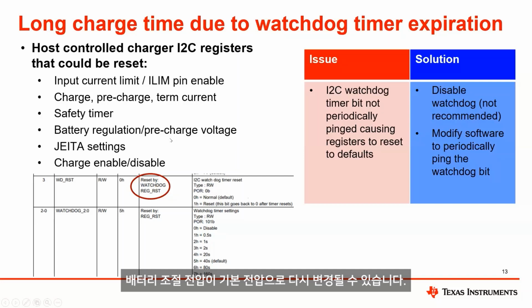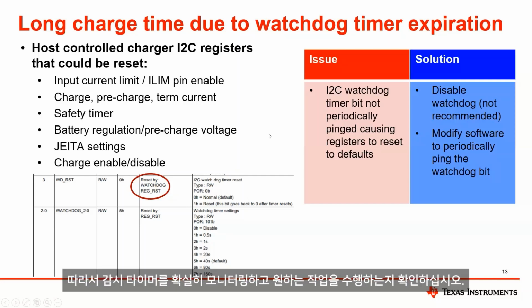Your battery regulation voltage could change back to the default voltage. Your JEITA settings could reset. And in a few cases, the default for the charge enable bit is actually disabled, not enabled. So definitely monitor and make sure that the watchdog timer is doing what you want.